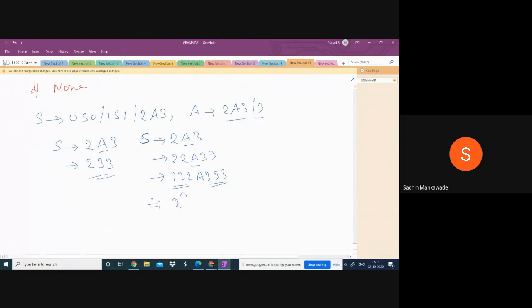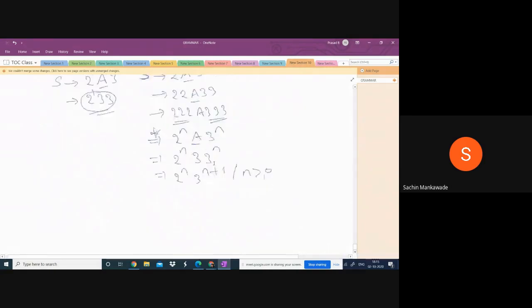So this will be 2 power n, A, 3 power n. And finally, to eliminate A, you must substitute 3. This is the language 2 power n, 3 power n plus 1. Here the least string is 233, with n greater than 0, when we go directly to 2A3.